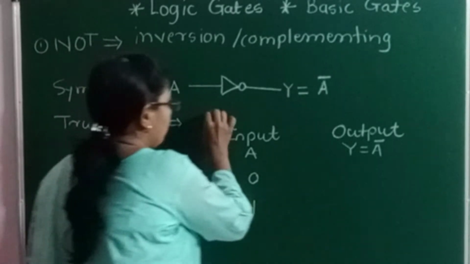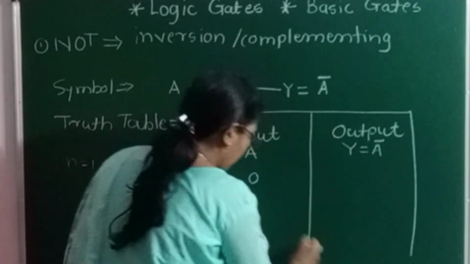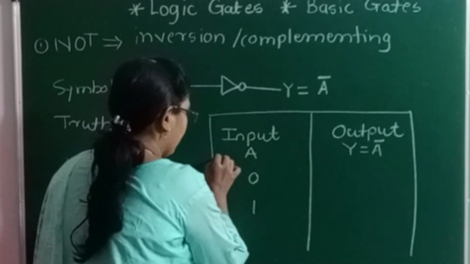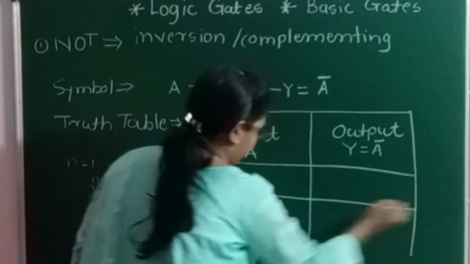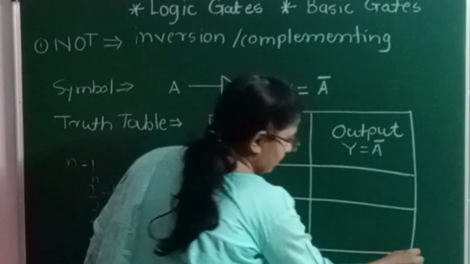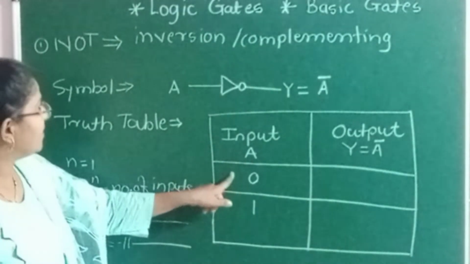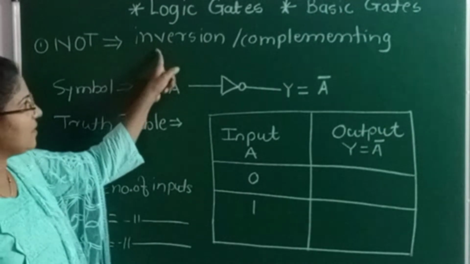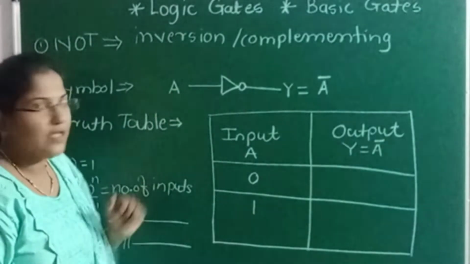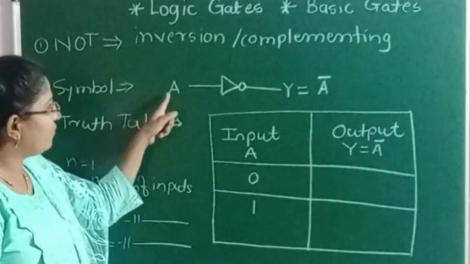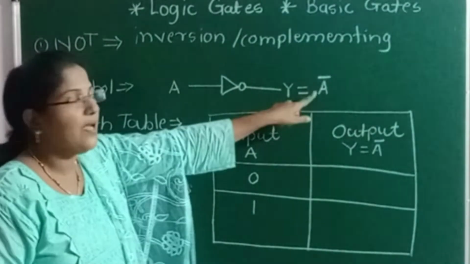Now what I have to do? I have to find out the output for each input combination. Now see here, the first input is 0. And this NOT gate is used to invert the input or to complement the input. What do you mean by complementing the input? Suppose the value of A is equal to 0, then output will be 1.